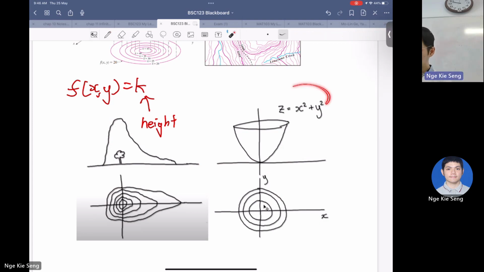You can see that z equals x squared plus y squared plots out a surface here. But when you fix k, you cut out a level curve.